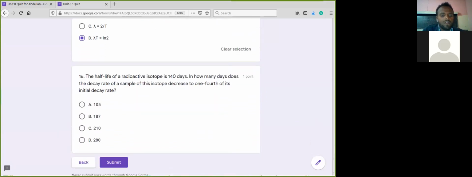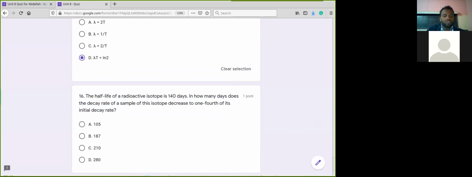What about question number 16. The half-life of a radioactive isotope is 140 days. In how many days does the decay rate of a sample of this isotope decrease to 1/4 of its initial decay rate? 280 days. Very good.